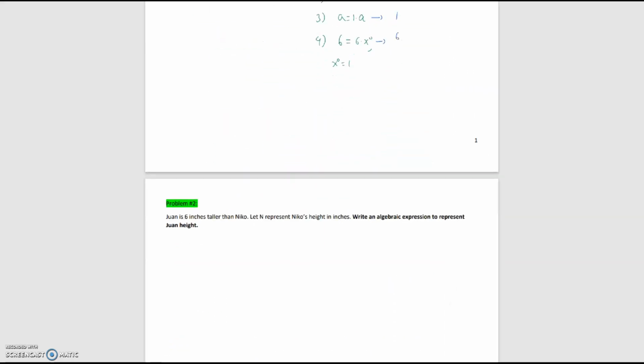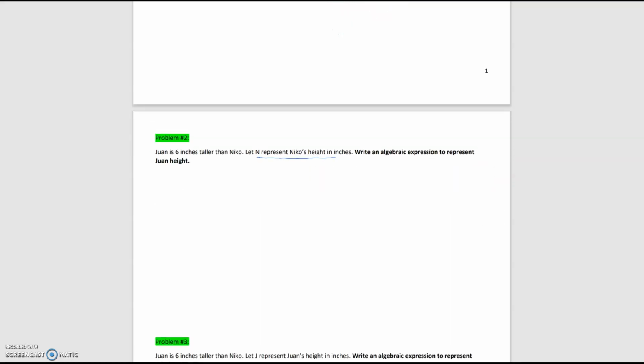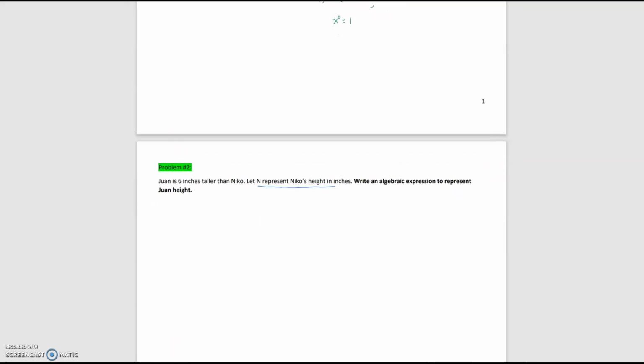Let's take a look at problem 2, and I need you to take a second and read it. In this case, they want us to write an expression, and they want us to use n, but in this case, it's going to represent the height of Nico. So let me just declare it.